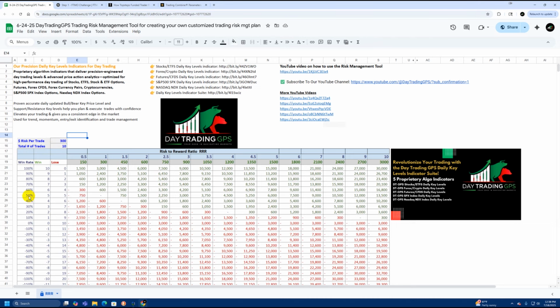If we have a 50% win rate, we need to get to $6,000, so that would be a 5-to-1 risk to reward ratio. If we're at only a 30% win rate, then we're going to need to be at 9-to-1. If we're at a 70% win rate, then we're going to need to be at 3.5-to-1.